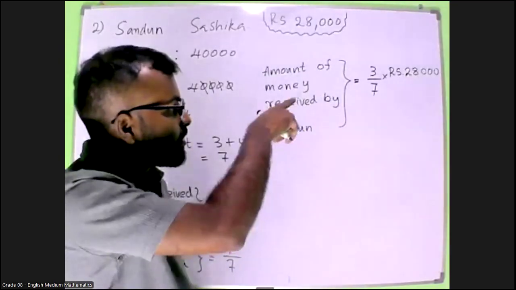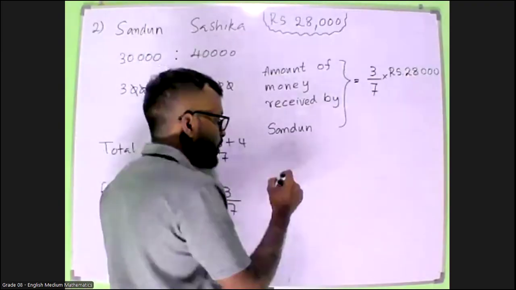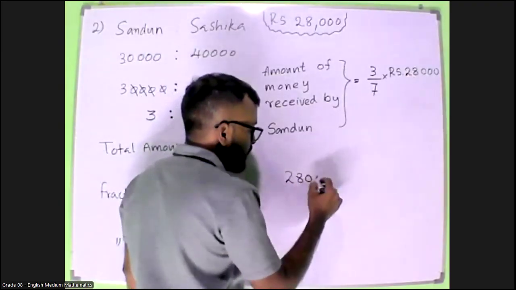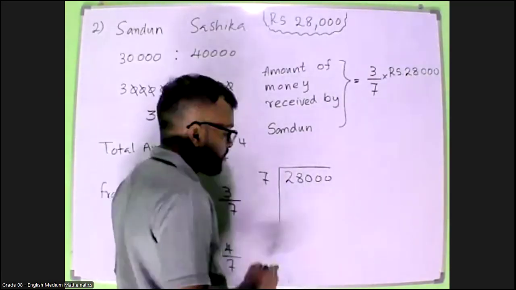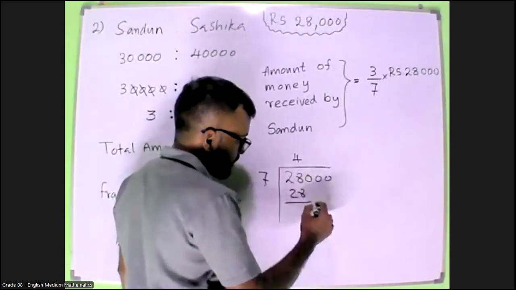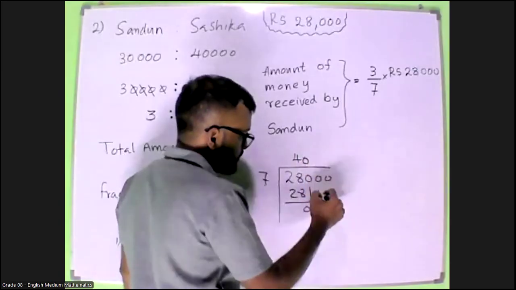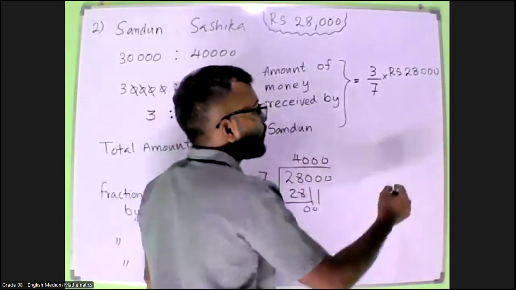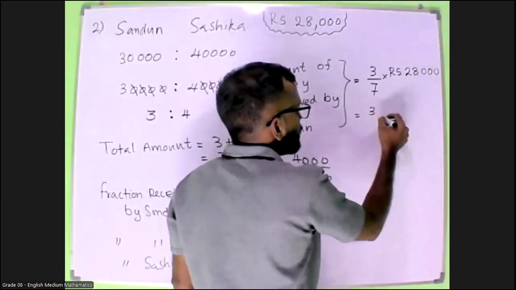Can 28,000 be divided by 7? Yes. Second way, you have to use long division. Now you know how to use that way? 7 times 4, 28. 0, 0, 0. 4,000.